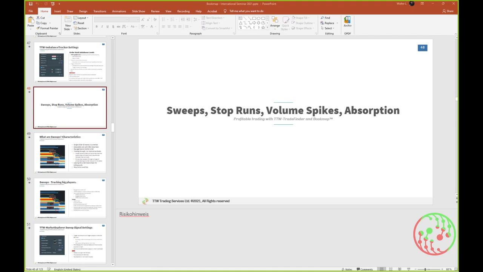And that's not only for seminar members here, it's for everyone who is using TradeFind and Bookmap. I will help you set up Bookmap the way it should work.